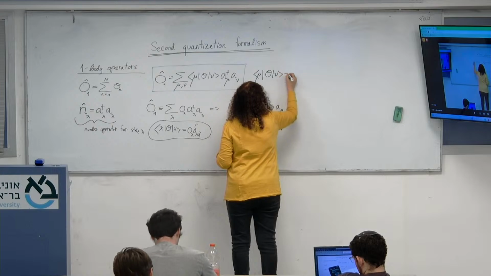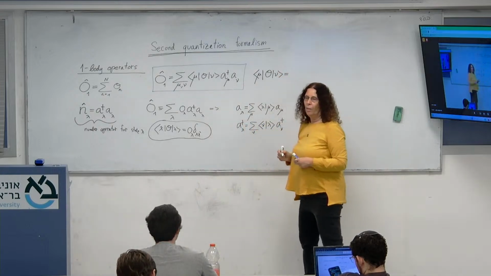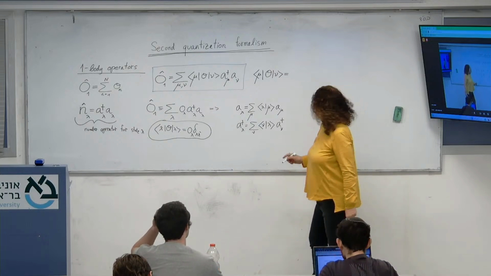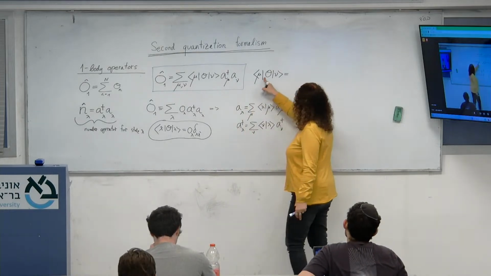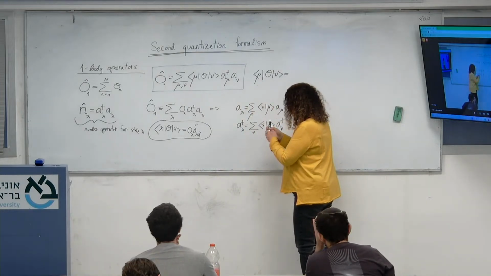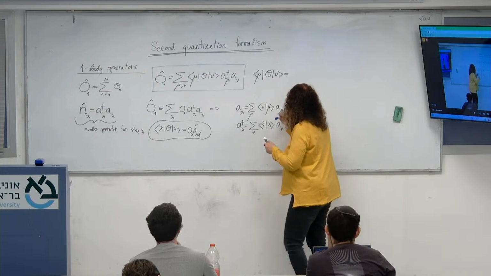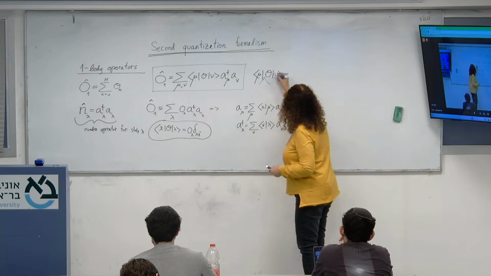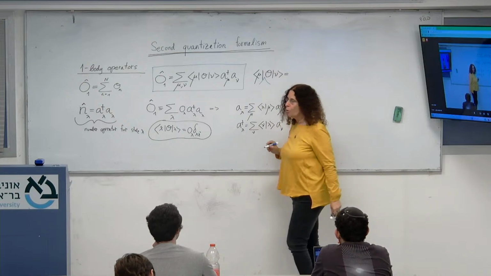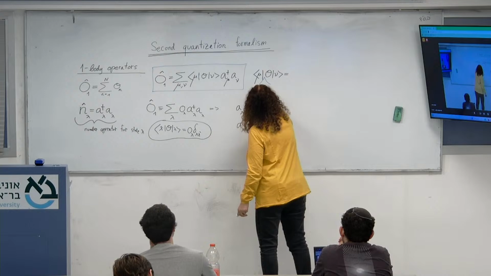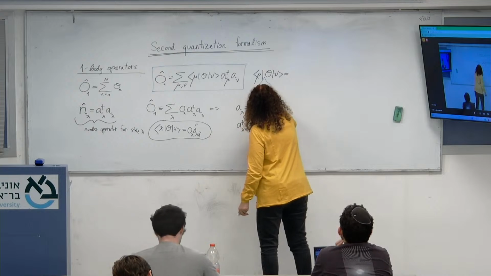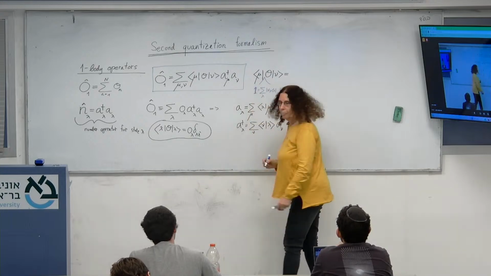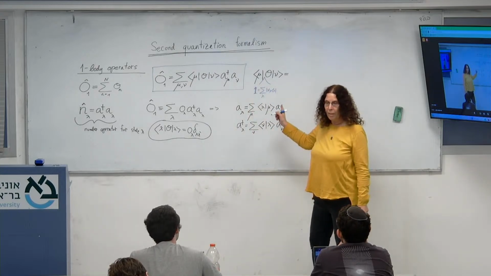This is something that you can represent in terms of the O lambda as follows. What I do here, I put a resolution of identity here and here. What is the resolution of identity? It is the sum over lambda of |lambda><lambda|. You know this, right?